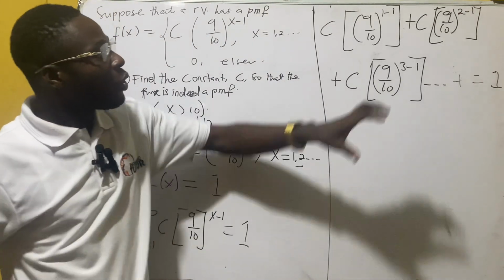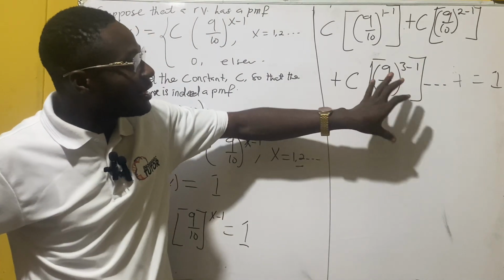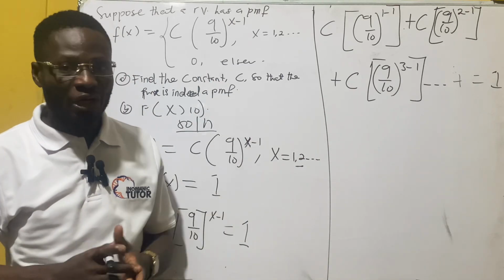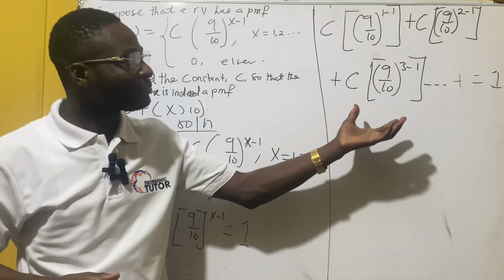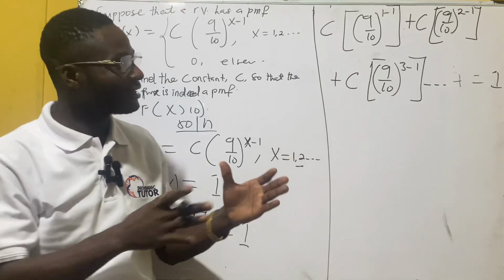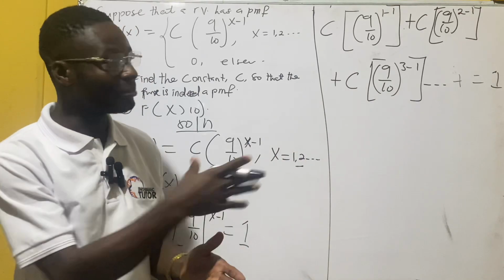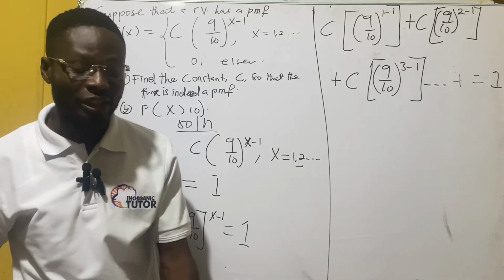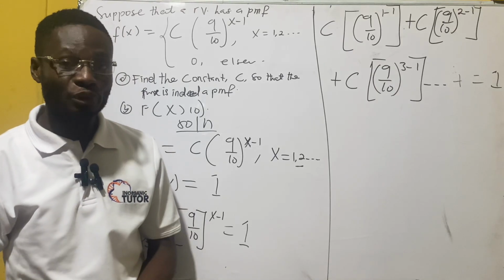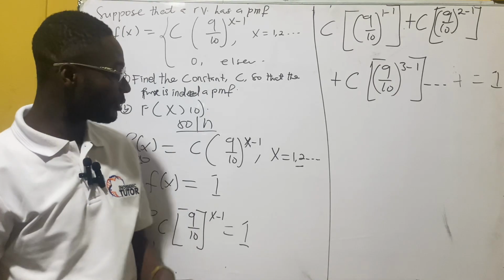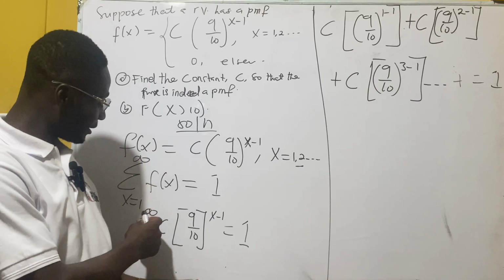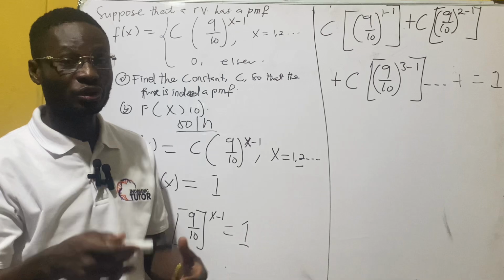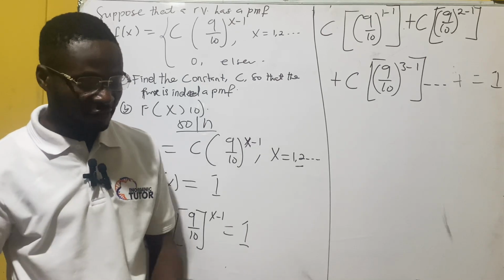We simplify this, then see what formula we are going to use, because we cannot find this sum with just mere algebraic calculation. Since x starts from 1 and approaches infinity, we have to use the sum to infinity formula.